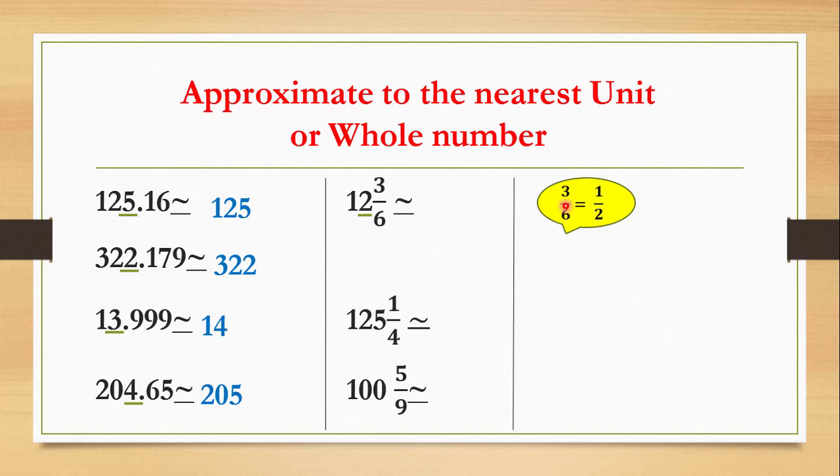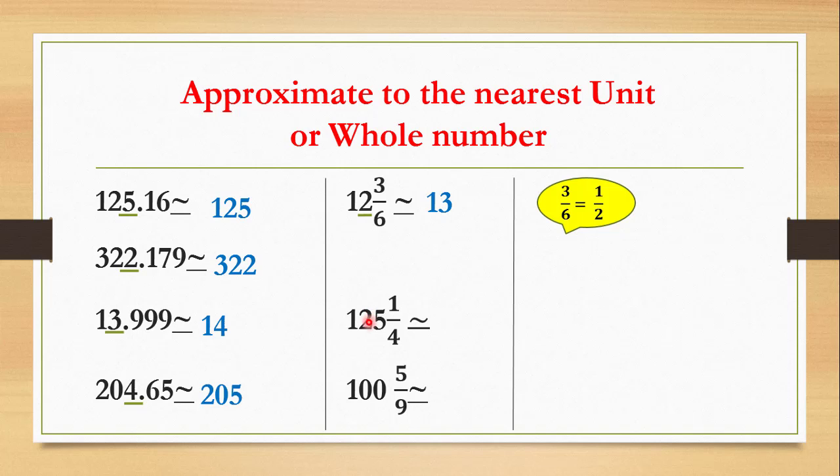We can simplify, divide up and down by 3, so the fraction will be 1 over 2, or we can use cross multiplication. 6 times 1 equals 6, and 2 times 3 also equals 6. So 3 over 6 is equal to 1 over 2. In this case, equal or more, I'll add 1 to the digit 2 in the unit. So this number is approximately equal to 13.